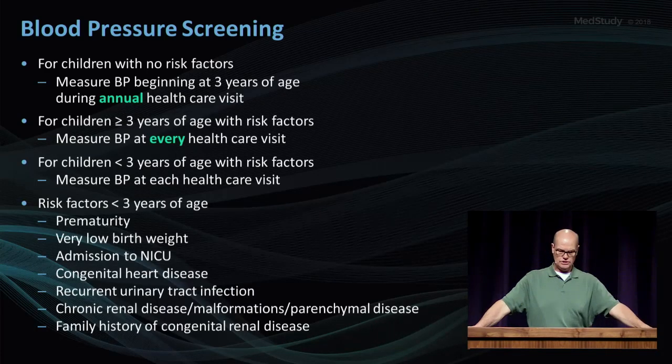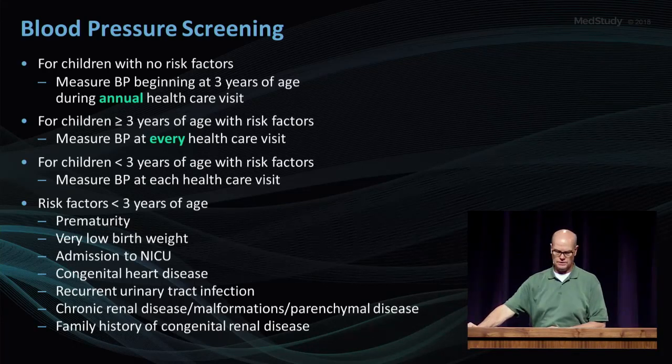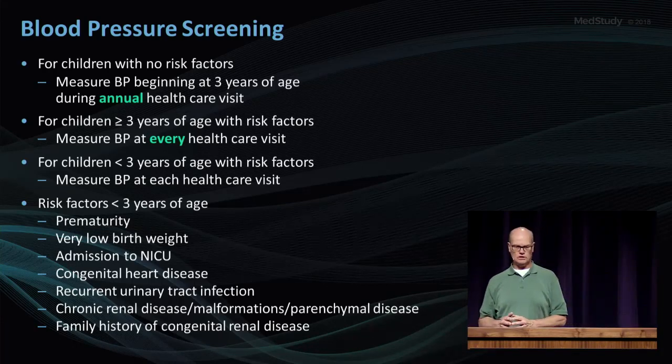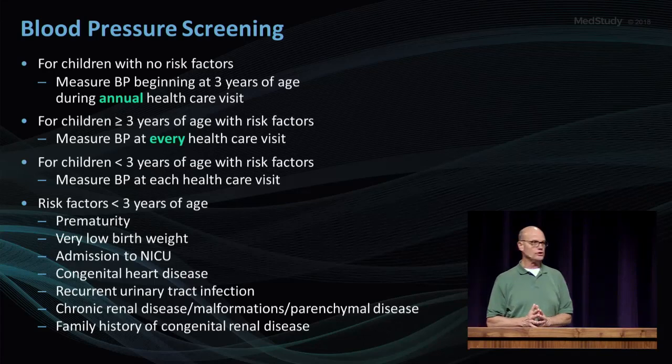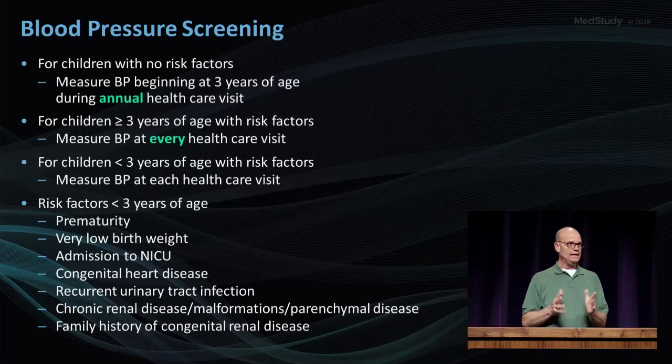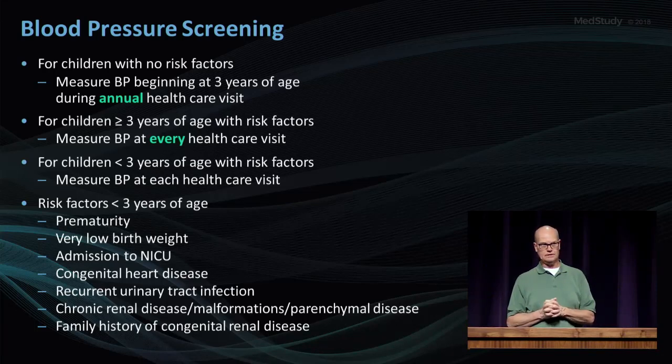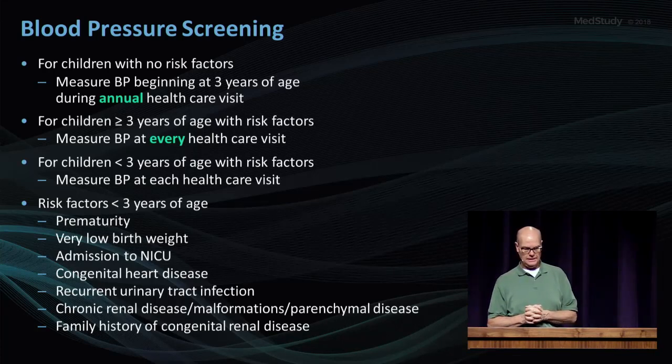So who's at increased risk? Obviously, those who spent some time in the neonatal intensive care unit because of prematurity, those with congenital heart disease, recurrent UTIs, or any syndrome associated with GU abnormalities. So Prune belly syndrome or Eagle-Barrett syndrome might be an example.